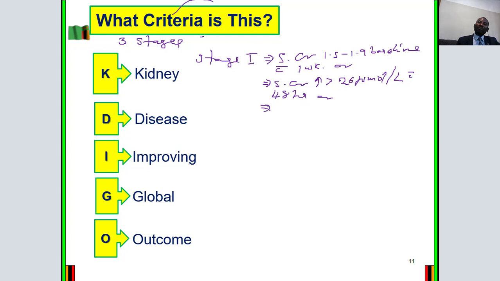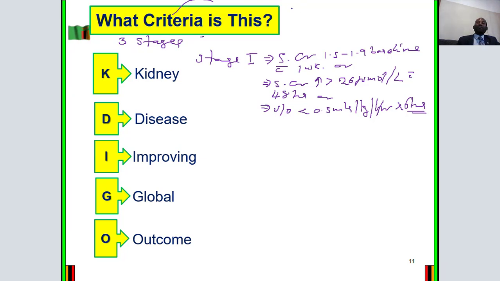Then if we are using urine output, it is less than 0.5 mL per kg per hour for 6 hours. So what does that simply mean?